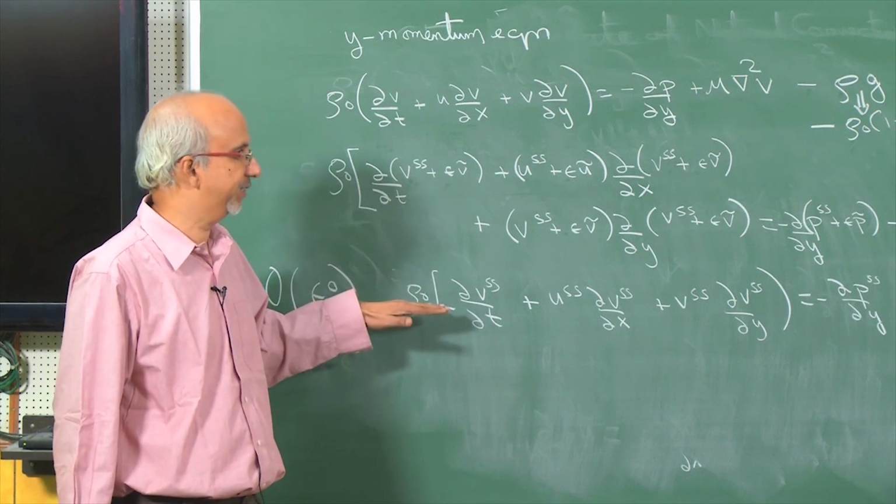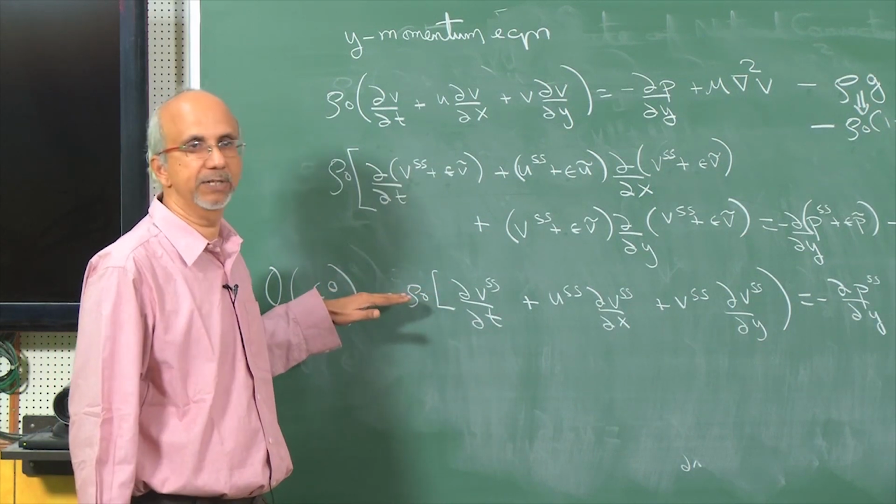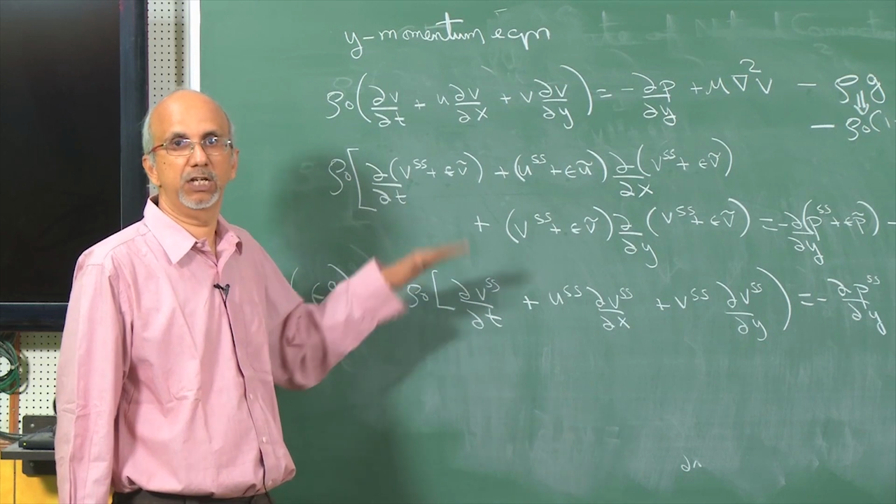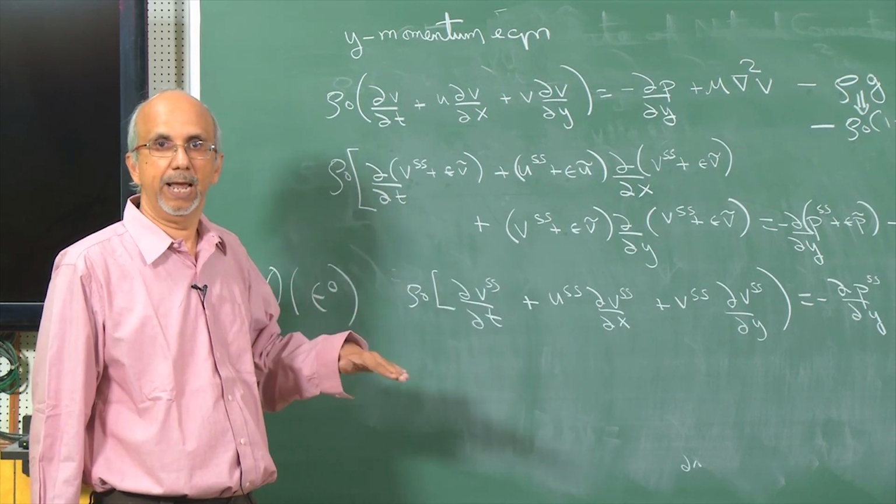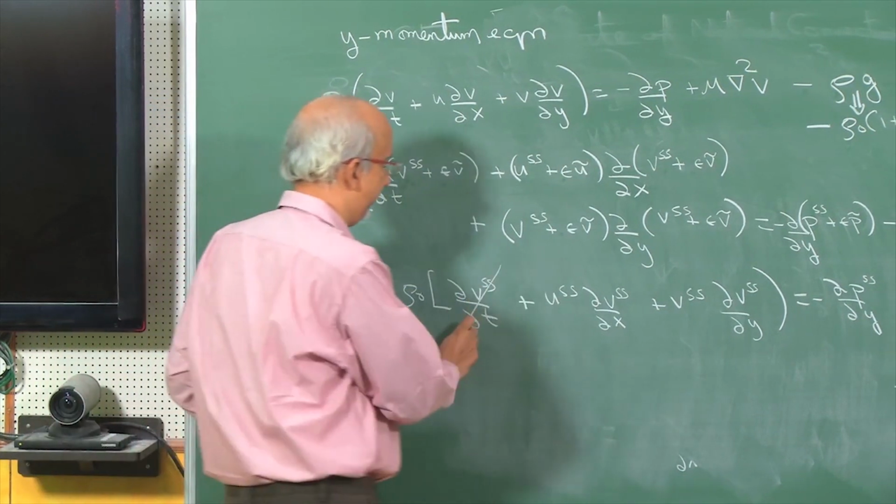And like I mentioned earlier, the equation at order epsilon to the power 0 should give me my steady state equation, and remember at the steady state dVSS by dt is 0.